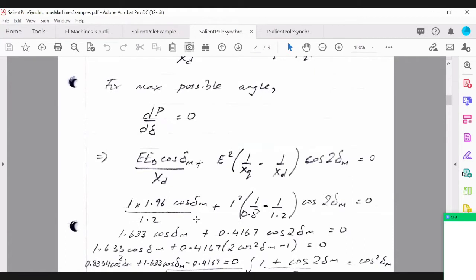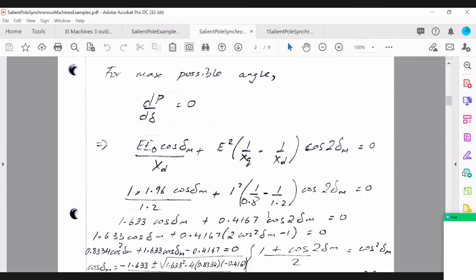As you can see there, I've equated this equation to 0. When you substitute the values, you end up with an equation in this form: cos delta m plus cos 2 delta m, so two components equal to 0.